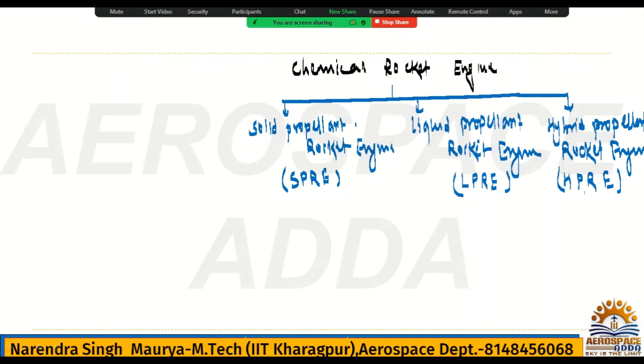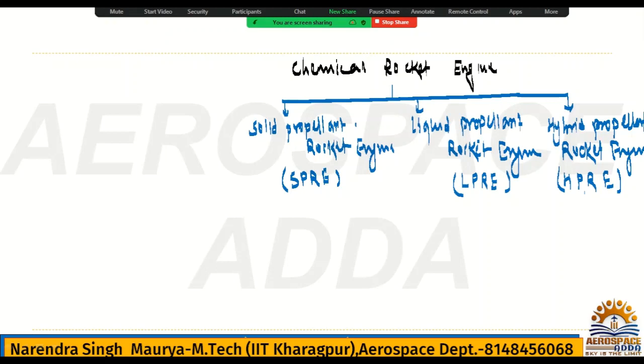So if you go for the solid propellant rocket engine first, in solid propellant both fuel and oxidizer are contained in the same casing or combustion chamber.